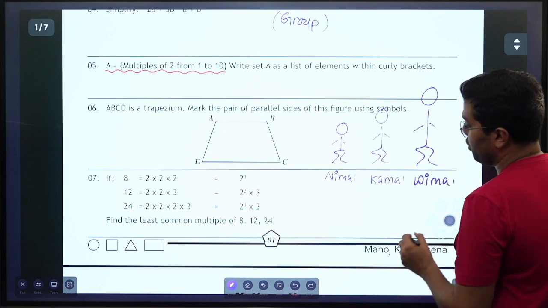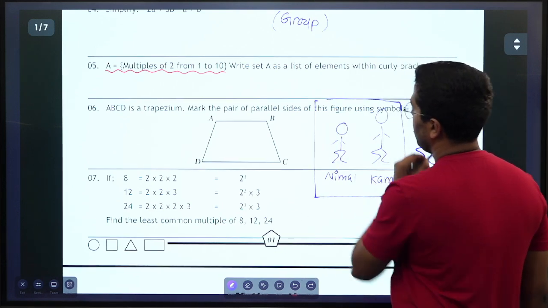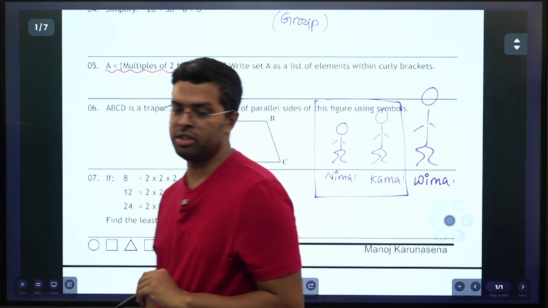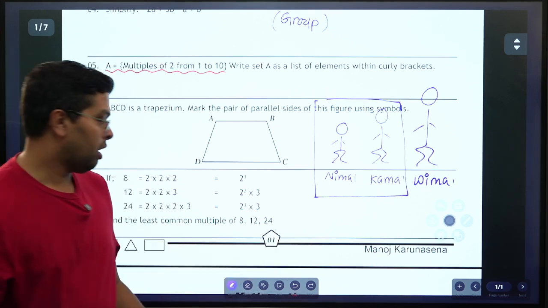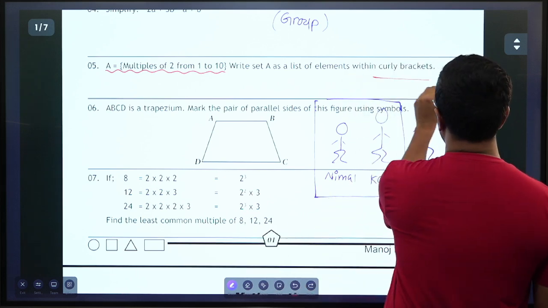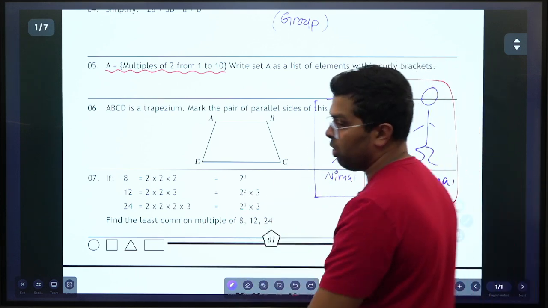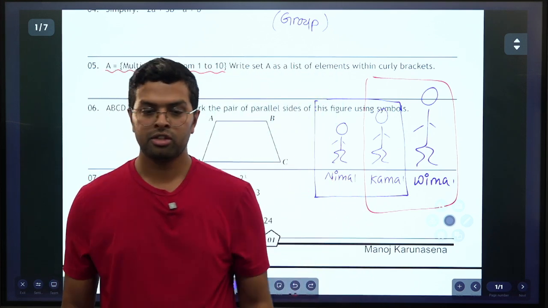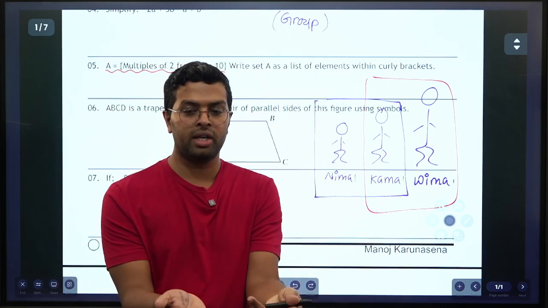Now if you only consider Nimal and Kamal, and you ask who is the tall person, Kamal is the tall person. Now when you consider Kamal and Vimal, who is the tall person? Vimal is the tall person. So it depends. So you can't say tall students in grade 7.